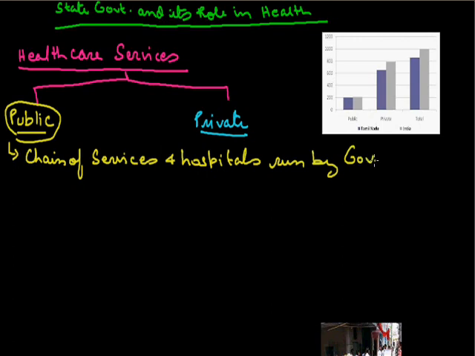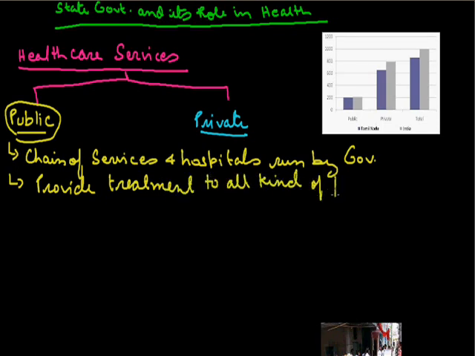The public health services are health centers and hospitals which are run by the government. They provide treatment for all kinds of problems at all levels.